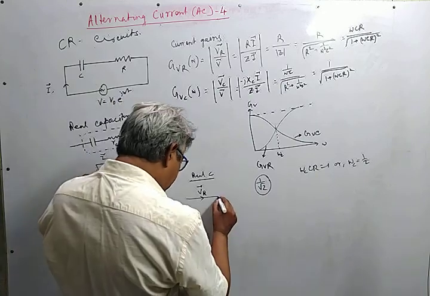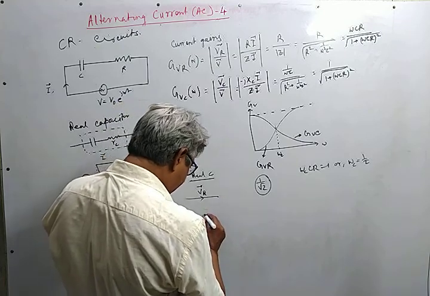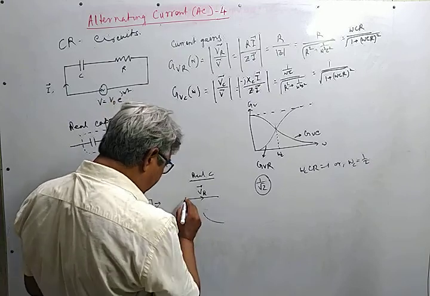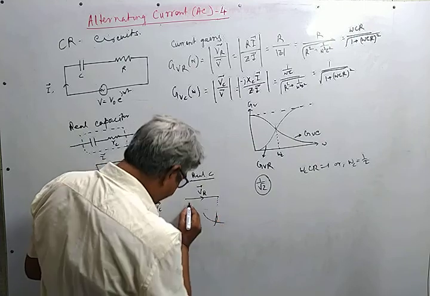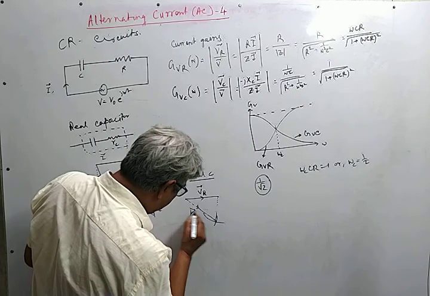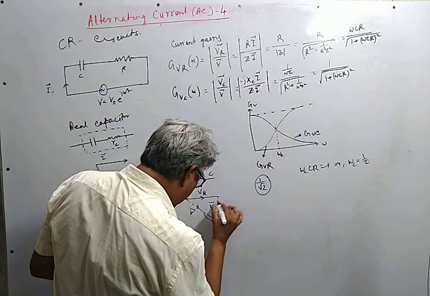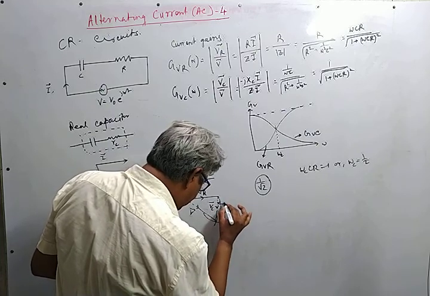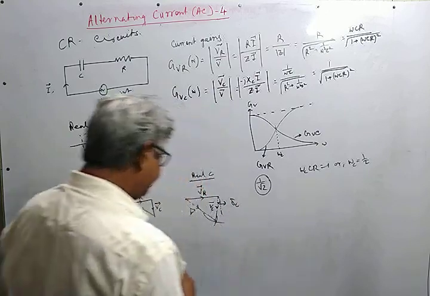Then from this we take an arc proportional to the magnitude of VC, and from here an arc proportional to V. This is V, this is the effective VC, and if we draw a perpendicular line, then this is a measure of the loss angle across the capacitor.